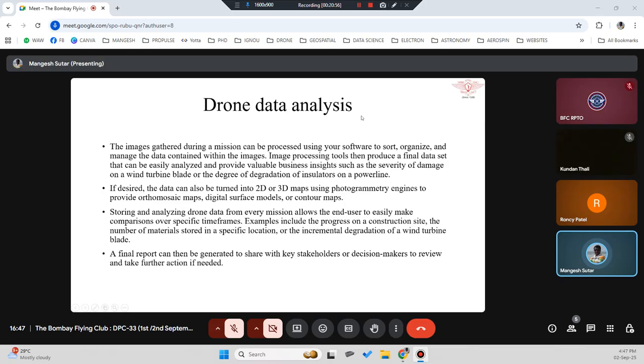So, drone data analysis: the images gathered during the mission can be processed using software. As I told you, whatever data we captured using the drones, initially we tried to do it manually, but it was a very tedious and complex task to do manually. So we have to use software to sort, organize and manage the data within the images.